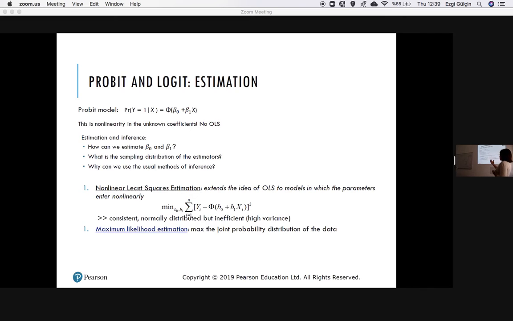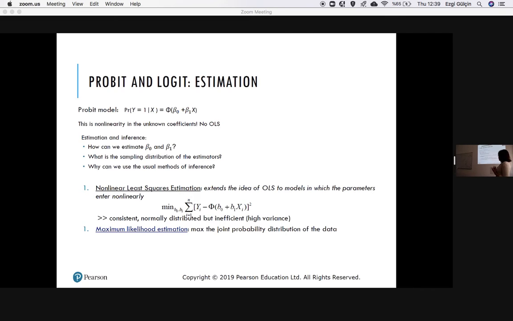Asymptotic normality are properties which are valid when n is very large, but this is not the most efficient estimator for causal inference. So there are other estimators which deliver lower variances for the estimates.